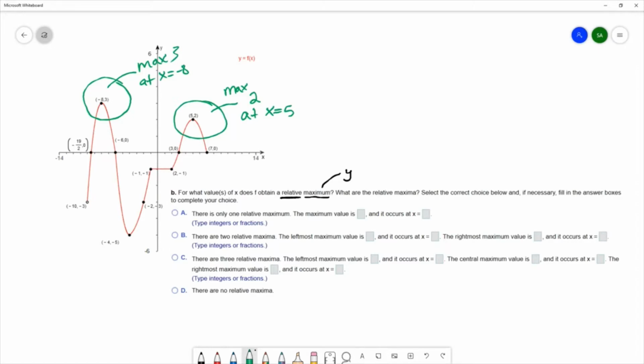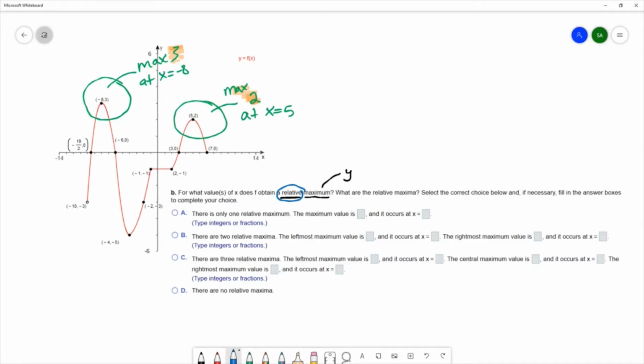Now notice that we do have one being higher than the other. This max of 3 is higher than this max of 2. But the word relative, as part of the vocabulary, is what allows this graph to have more than one.